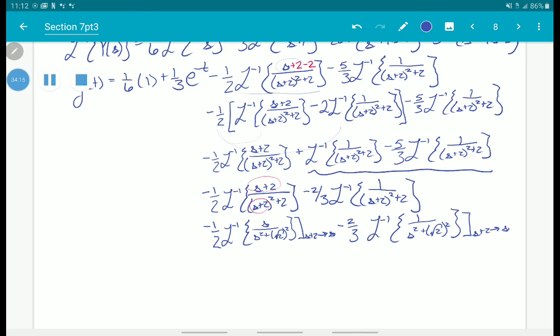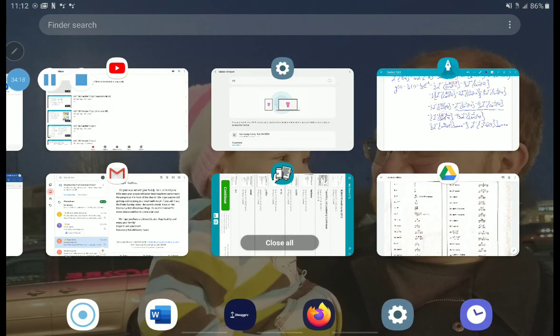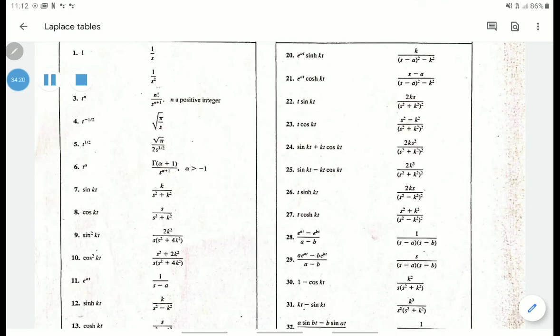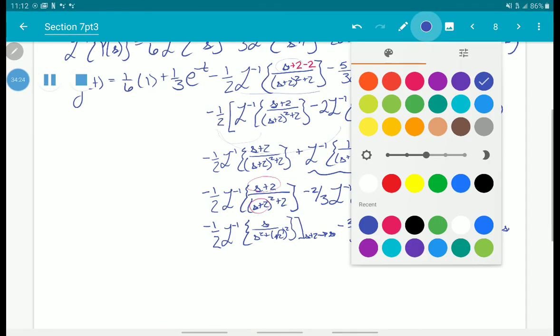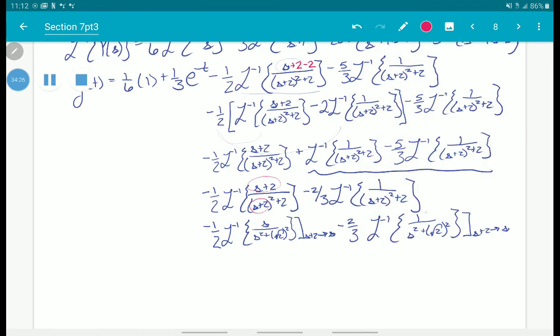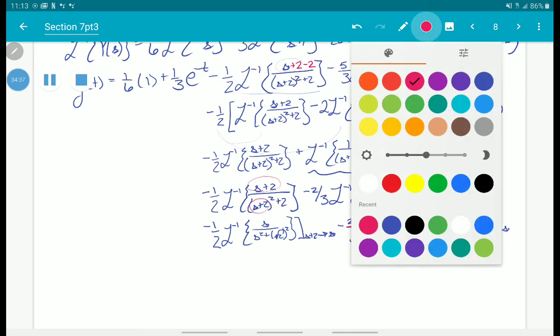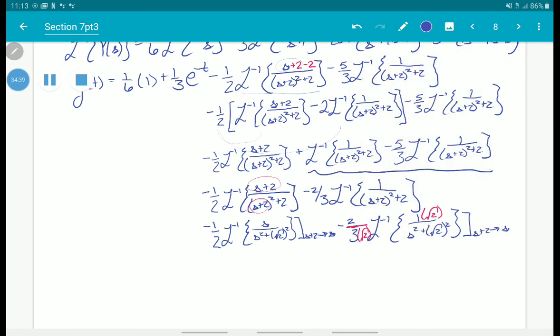Okay, so this almost fits that sine formula. If you remember, that sine formula has to have a k in the numerator, and our k is square root of 2. So we actually need to multiply by square root of 2 here and compensate with a 1 over square root of 2. So then when we rewrite this guy, this is going to be cosine of kt.